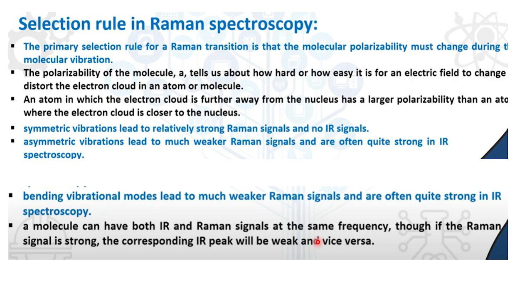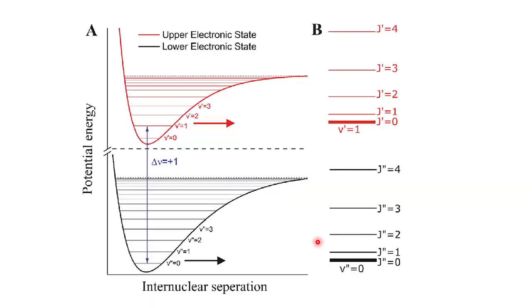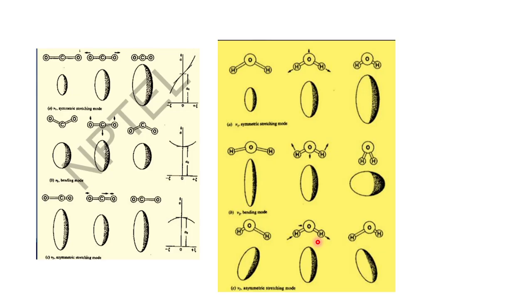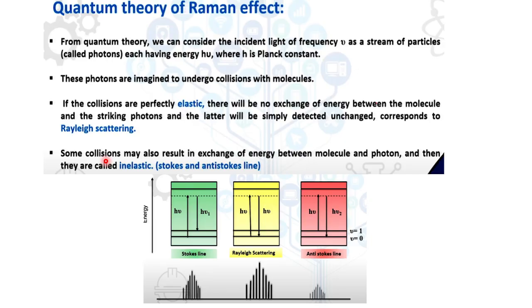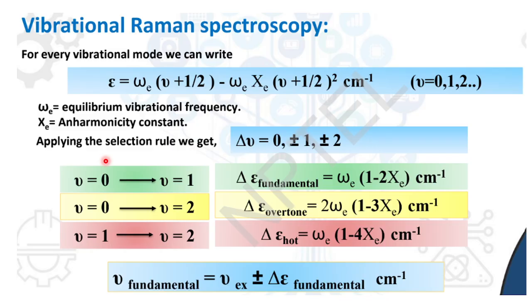Asymmetric vibrations lead to a much weaker Raman signal and are often quite strong in IR. Why does this happen? If it is symmetric, the change in polarizability is very strong, whereas if it is asymmetric, the change in polarizability is weaker. Where the polarizability change is higher, you will get a high intensity Raman line or Raman scattering.